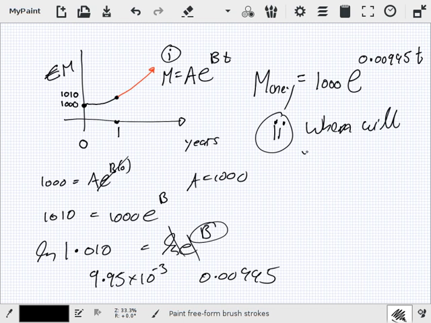Okay, so question 2, now that you've worked that out: when will you have 2,000 euros? I want to know how long you will have to wait until your money grows from 1,000 to 2,000. So how many years, if you can calculate that? That's not the answer, that would mean you've gone from 1,000 to 2,000 in like 8 months. Not 10.